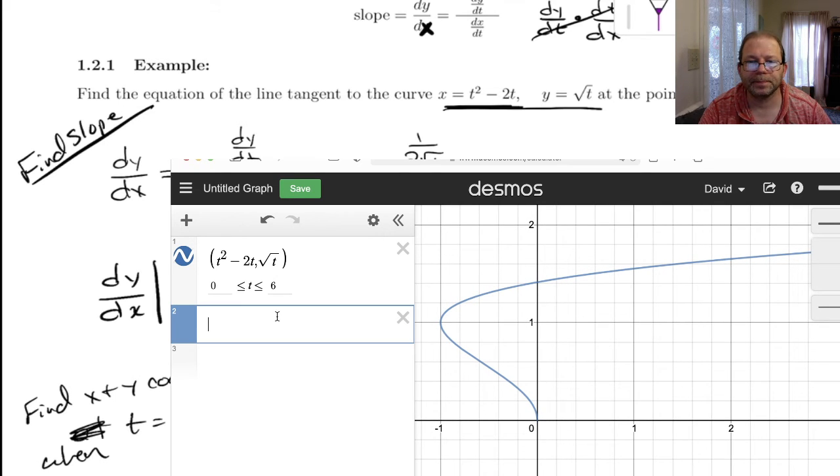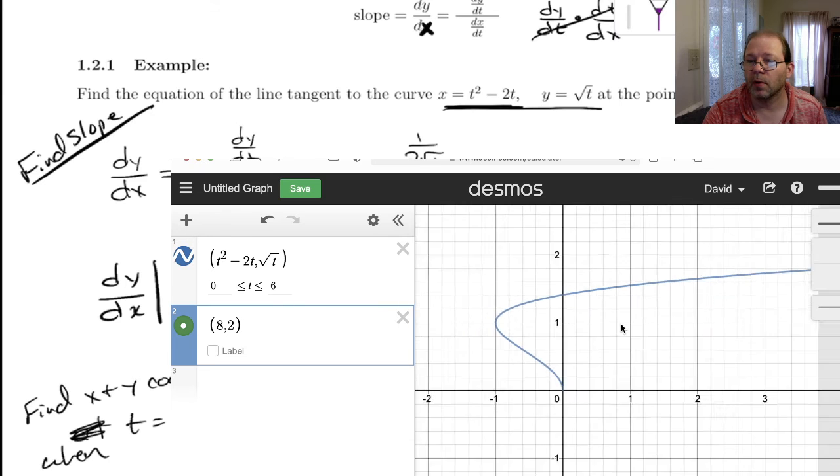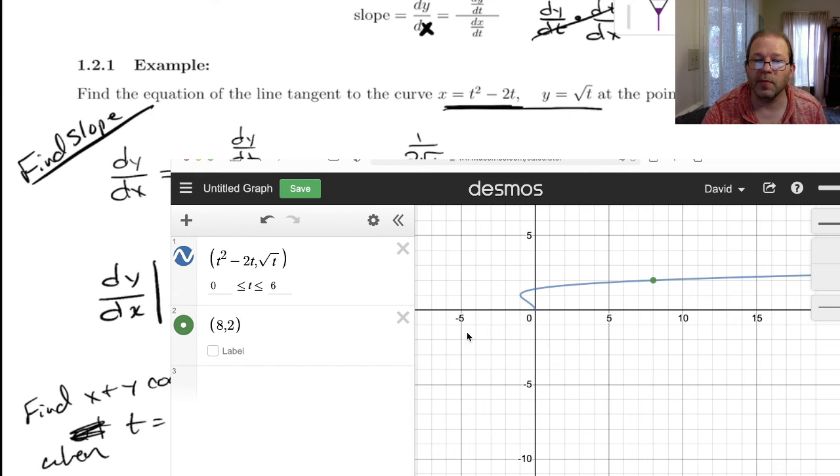And when t equals 4, we found that the point was the point 8, 2. So we're looking at that point.